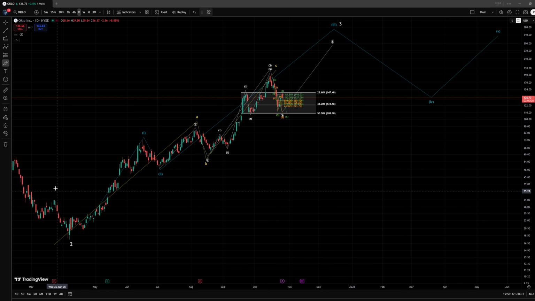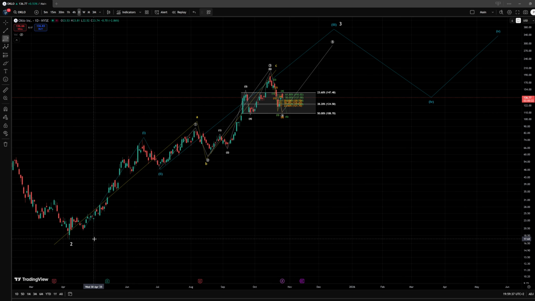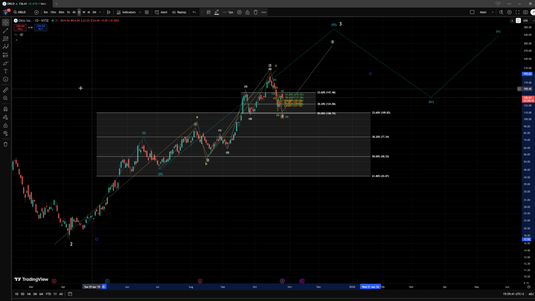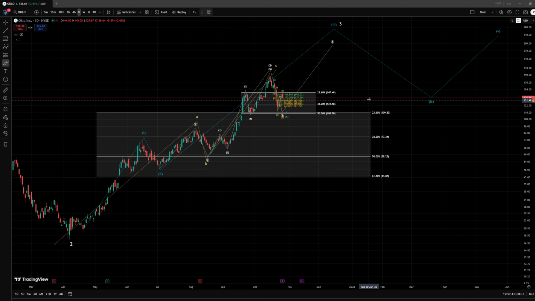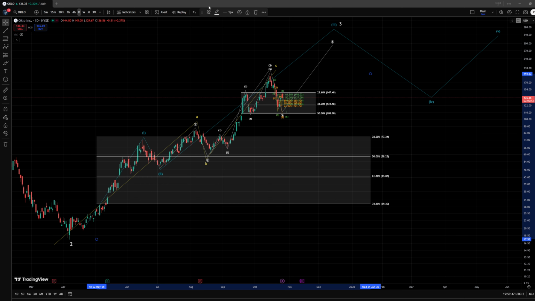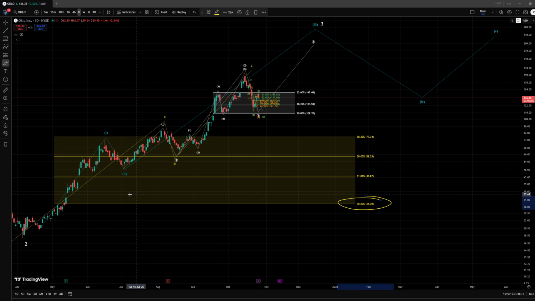And in that case, we could be looking at a quite deep retracement, right? In that case, I would be looking at a general area of support, actually not even there, this is for a wave 4, and that would be between the $77 level all the way down to the $29.3 level.